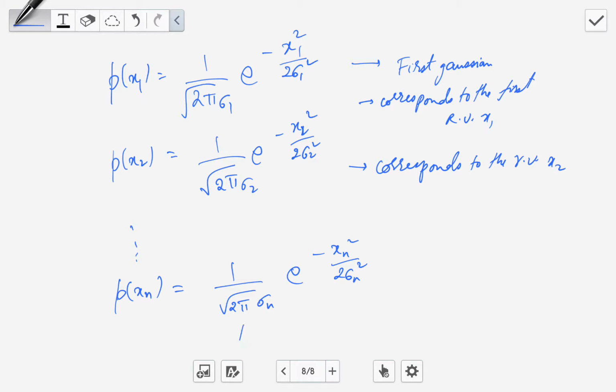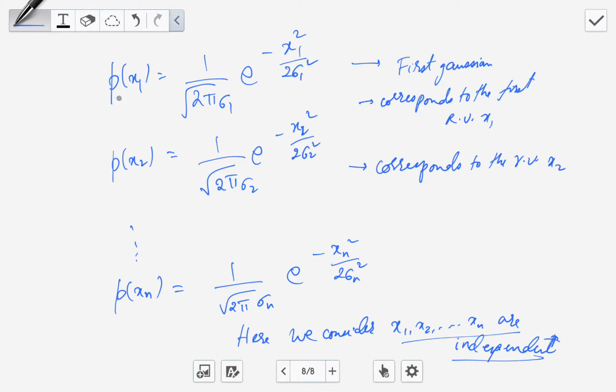Now here we consider x1, x2, so on up to xn are independent. They are not IID, they are only independent, because IID must mean that all of these are the same.